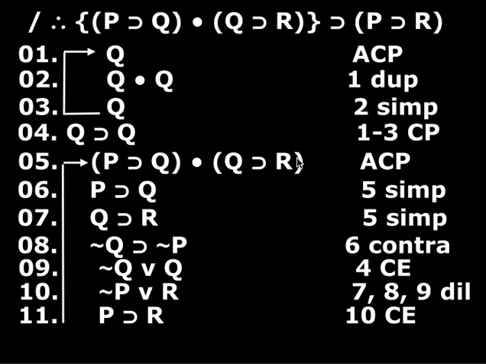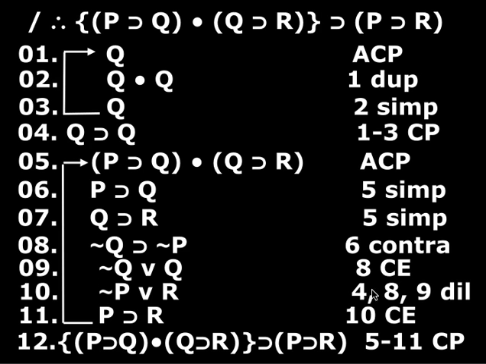I assumed this right here, and I managed to derive that consequent, if P then R. So now I can close this subproof off, and let me correct my lines here again. That's 4, and that's 7. Okay. 5 through 11 conditional proof, and that's this conditional.